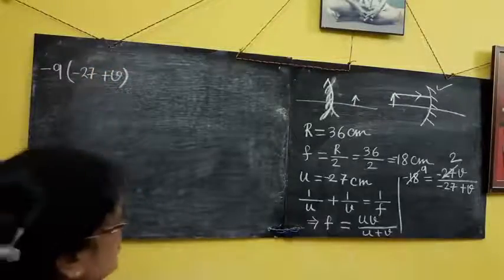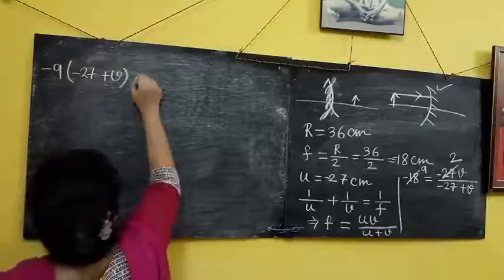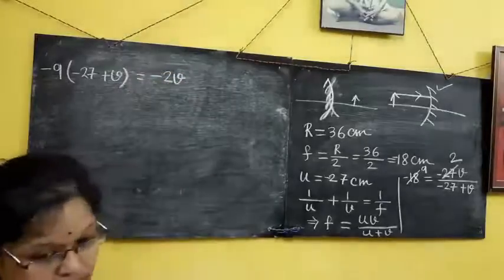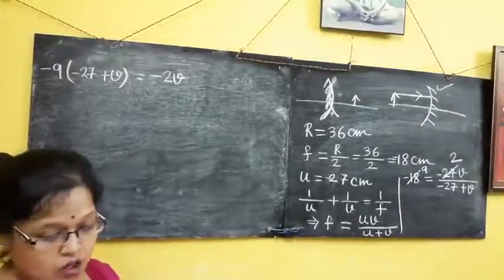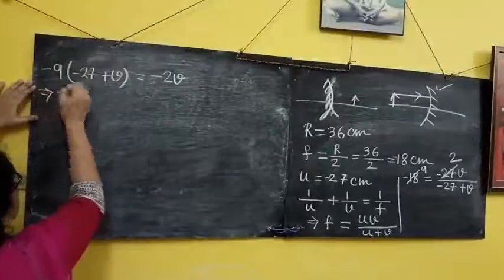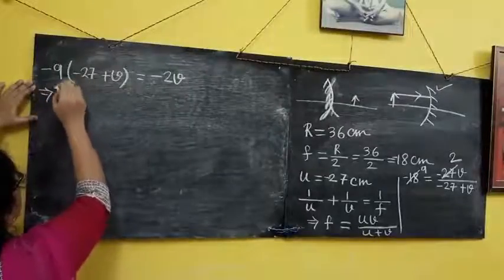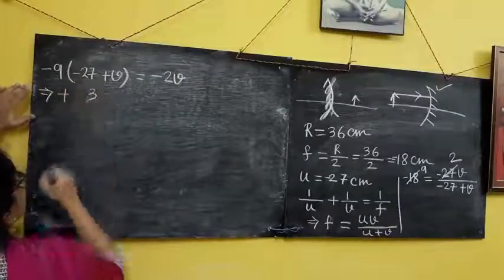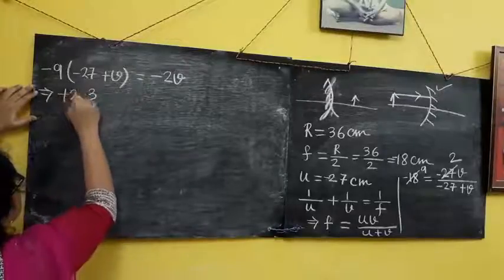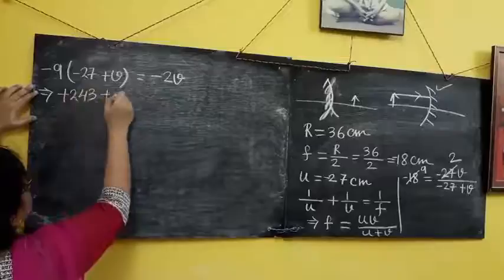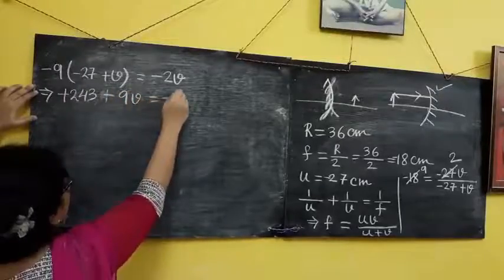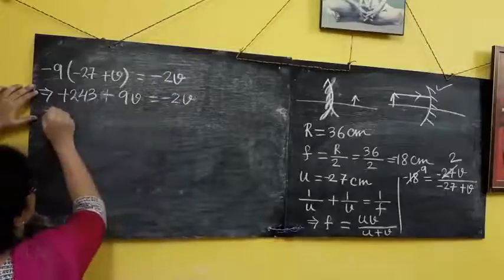So that is equal to minus twice v. So 27 into 9 is what? 27 into 9 means... minus 9v equal to minus 2v.